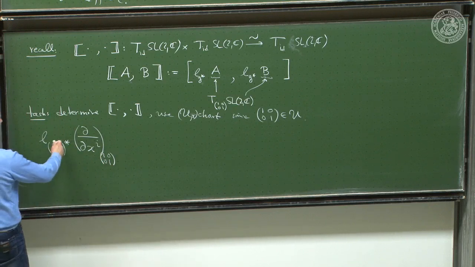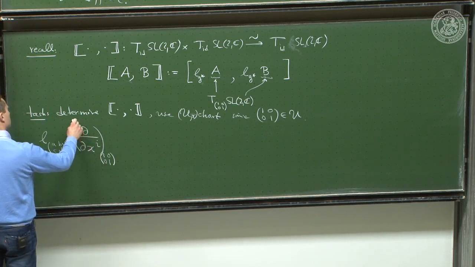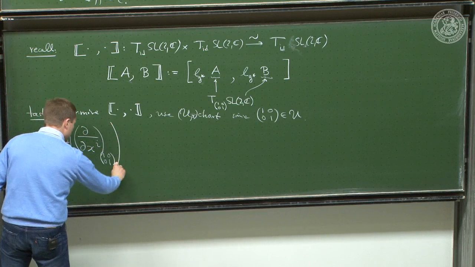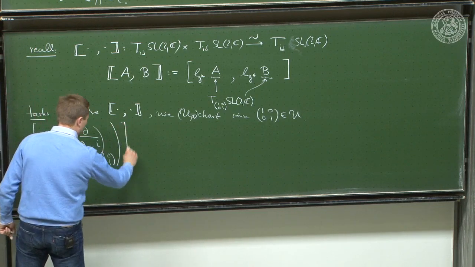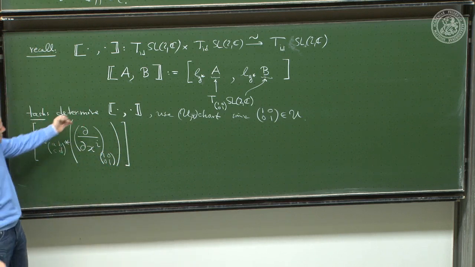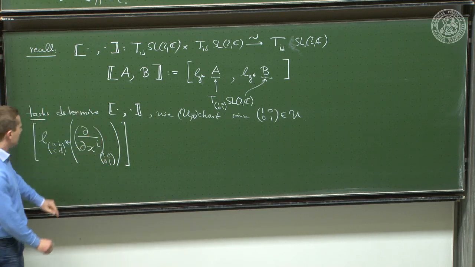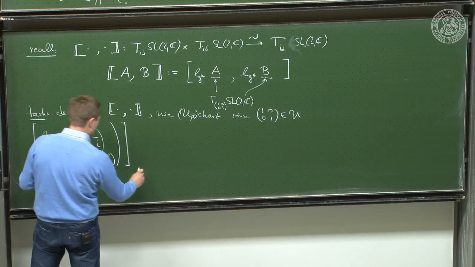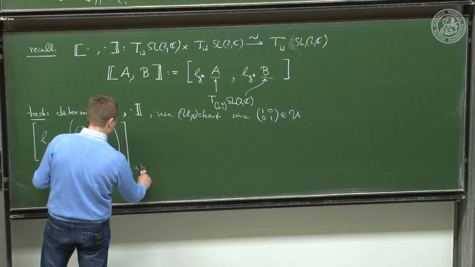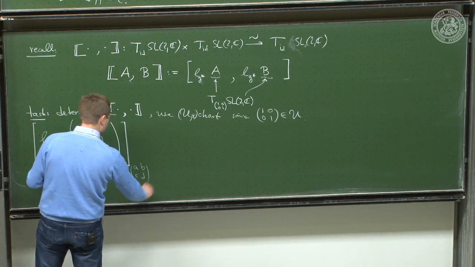I act with this on that, and of course the entire result will be a vector, namely the pushed forward vector. Where will it live? It will live at this times this, group operation wise, but that's A, B, C, D.